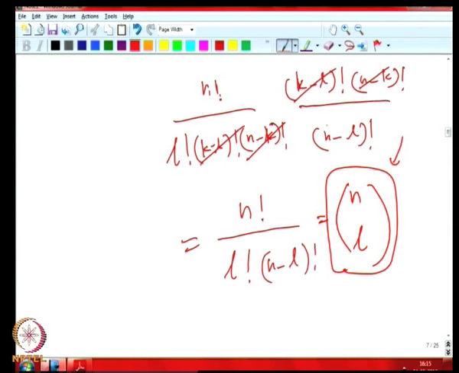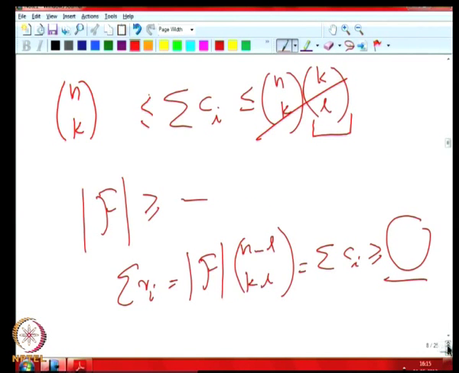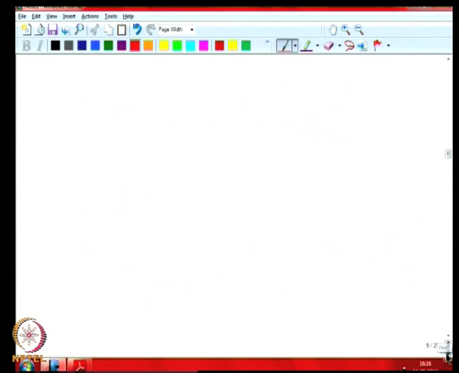F is at most all possible L element subsets, N choose L, so it is a trivial upper bound, but it is not wrong. The non-trivial thing we wanted was the lower bound. So we work on that part.